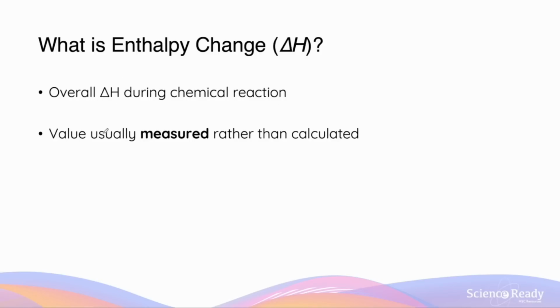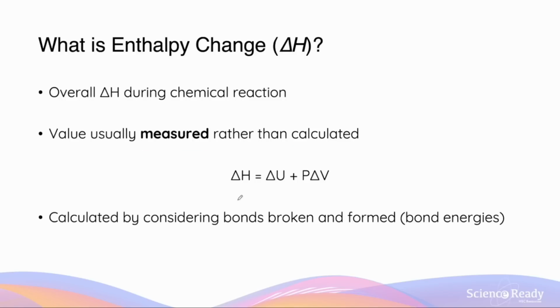And this value is usually measured using very accurate and precise experiments rather than being calculated. For the sake of understanding the concept of enthalpy, we'll perform some calculations in a minute for some of the chemical reaction examples. And as we explained earlier, enthalpy change includes all of these factors, but the most important factor to consider in enthalpy change is the change in bond energy.